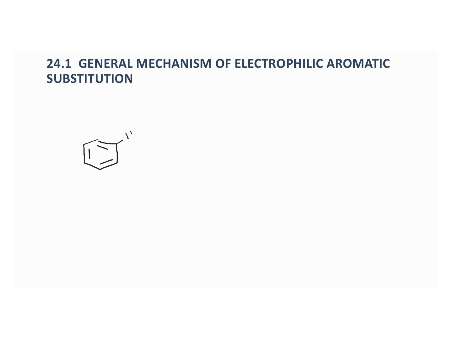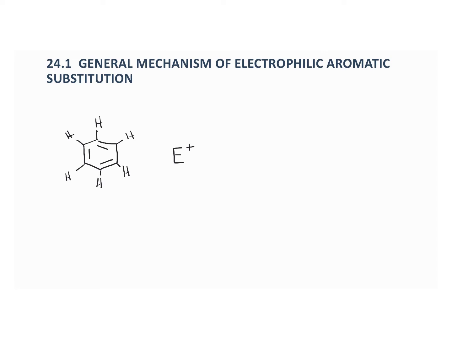And remember, benzene has hydrogens all around it like this. Now, instead of using a specific electrophile, we're just going to use E+ to represent a generic electrophile. And that positive charge emphasizes here that the electrophile is electron poor, okay?